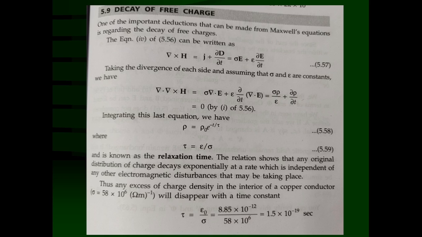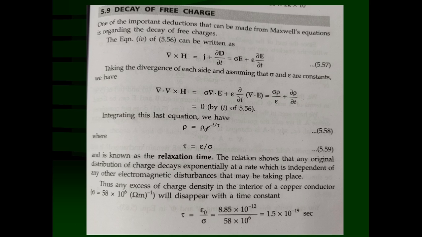So a conductor carrying this charge will lose that charge into free space. Initially the charge density was rho 0, then at any instant of time the charge density rho is given by rho 0 e raised to minus t upon tau, independent of any other electromagnetic disturbance.